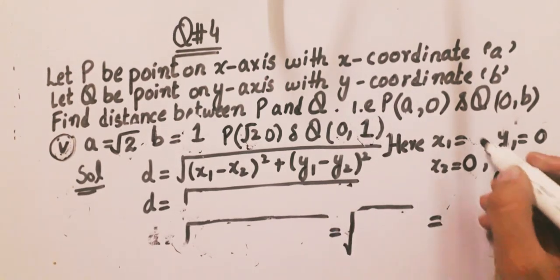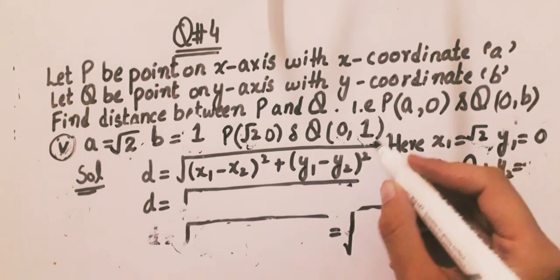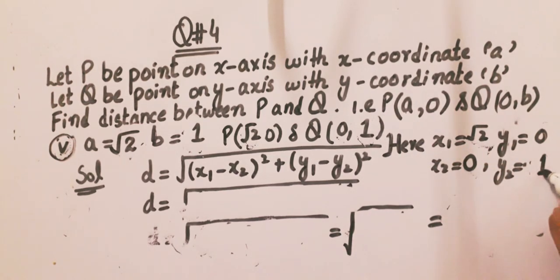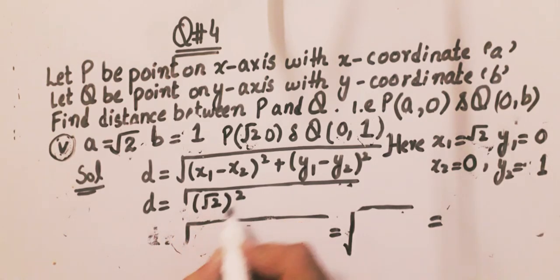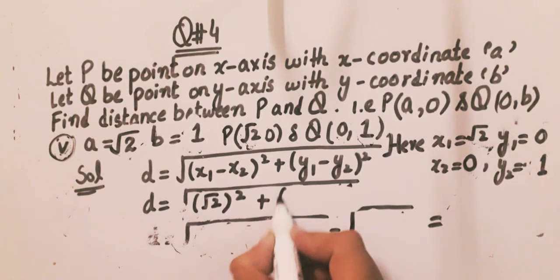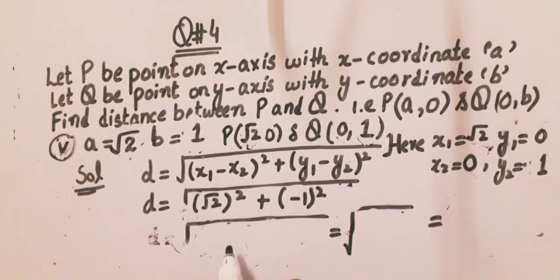So x1 is square root of 2, y1 is 0, x2 is 0 and y2 is 1. Now square root of 2 whole square plus y1 minus y2 means -1 square. So this will become 2 plus 1, square root of 3. So this is the answer.